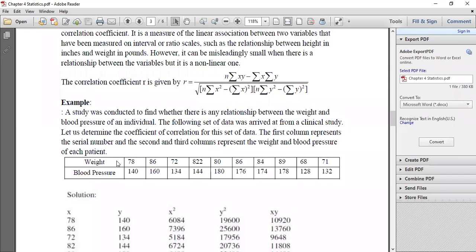And for each one of them, we are recording their weight and blood pressure. So if it is you, Shine, I'll record your weight and also your pressure. Then I go to Maina, I record their weight. Okay, these are not exactly your weights, it could be not true, or it could be true, I don't know.